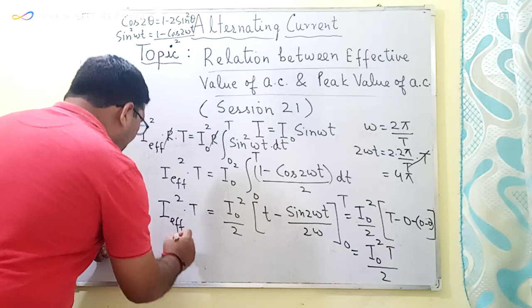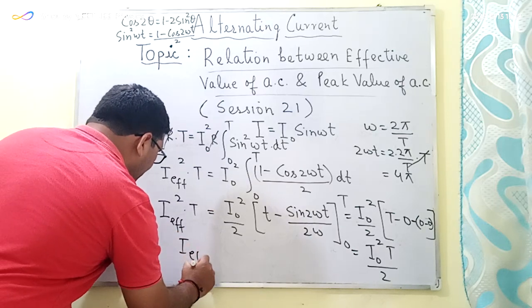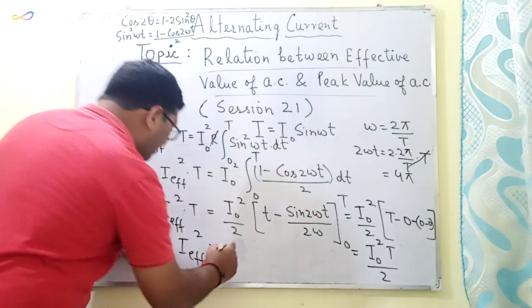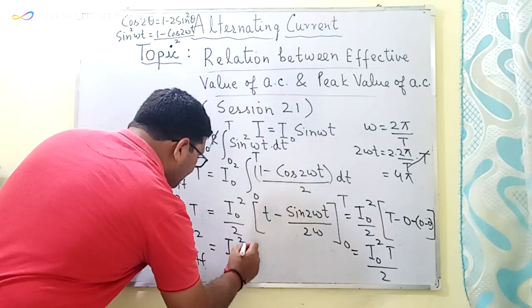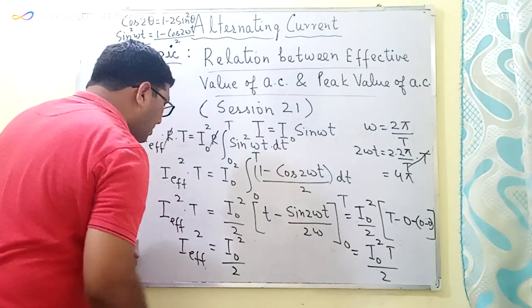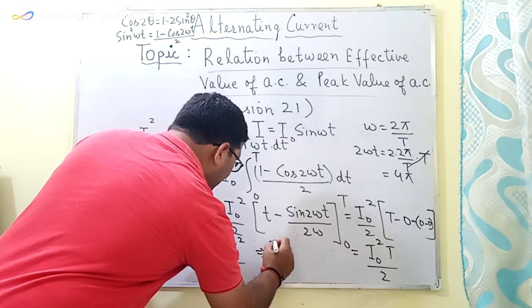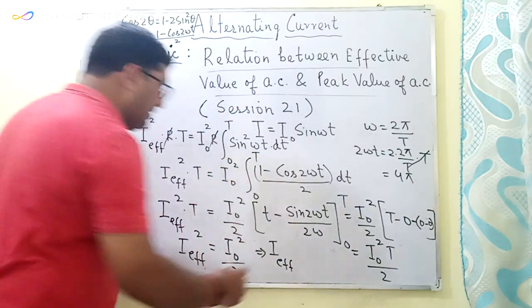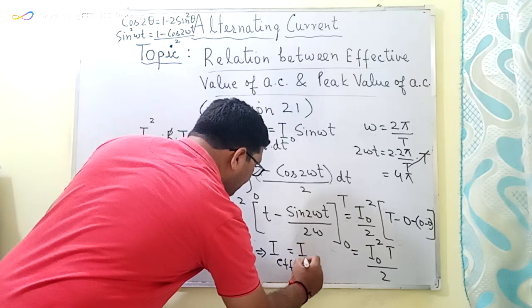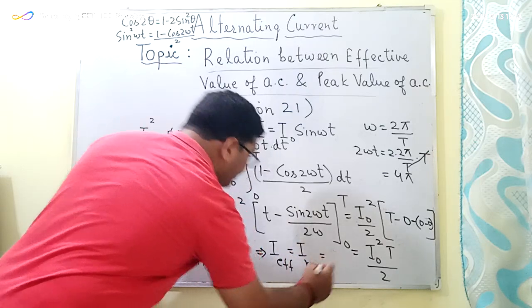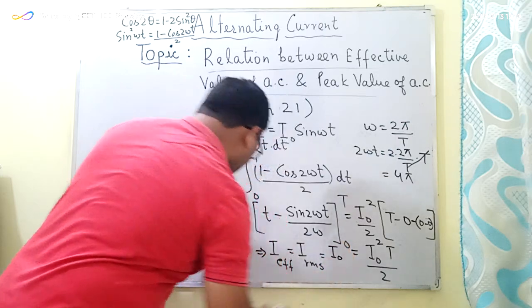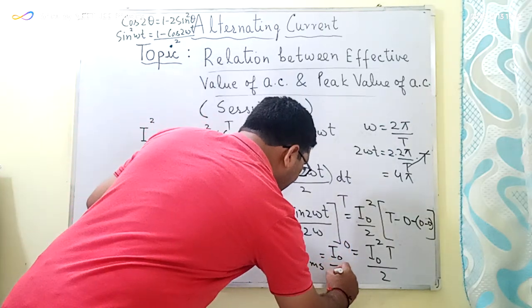So I effective square will be equal to, here T and T will get cancelled out, so I will be getting I naught square upon 2. Or we can simply say that the RMS value or the effective value of the alternating current is equal to I naught upon root 2.